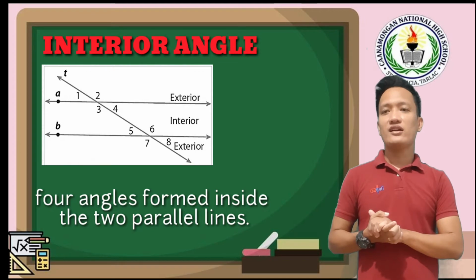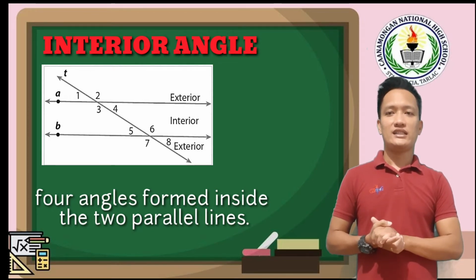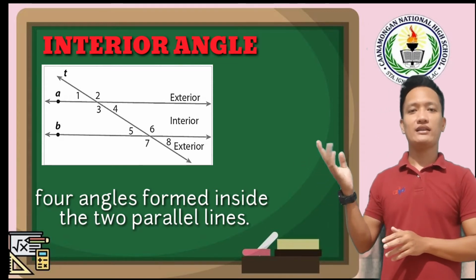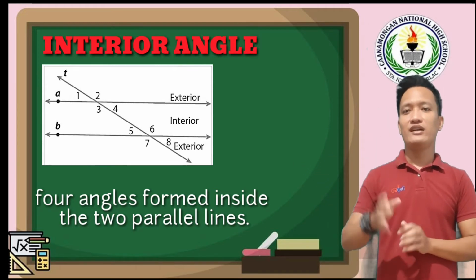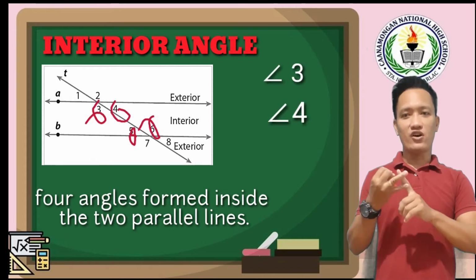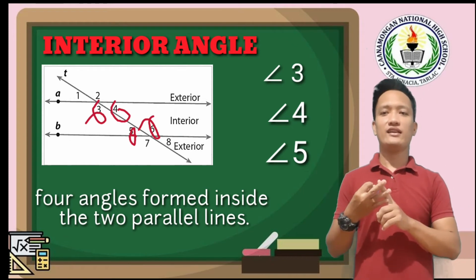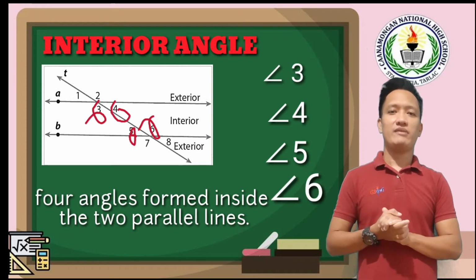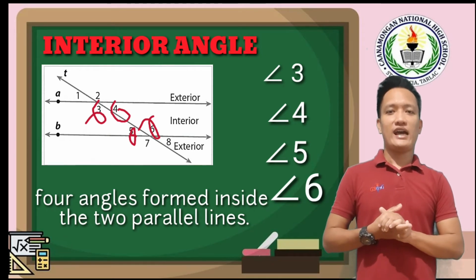So, interior angles are four angles formed inside the two parallel lines. So, in this illustration, meron tayong apat na angles na na-form. So, those angles are angle 3, angle 4, angle 5, and angle 6. So, yung mga yun ay mga interior angles.